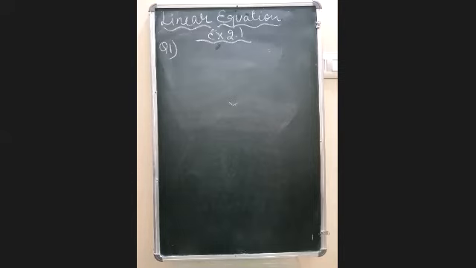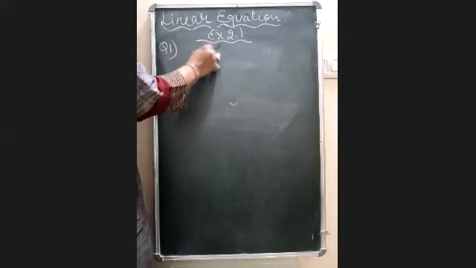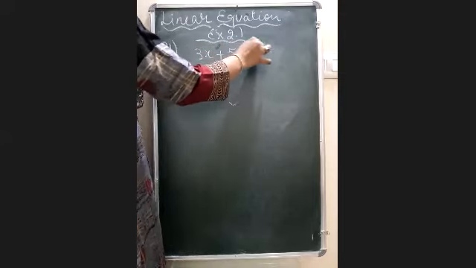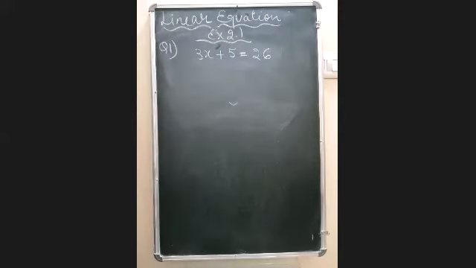Now let us see, suppose the question comes, 3x plus 5 is equal to 26. It's a very simple question which I have taught you in class 6 and 7 as well. Remember, whenever a question related to a linear equation comes, in that question you have to always take care of the variable, that is, which variable is used.